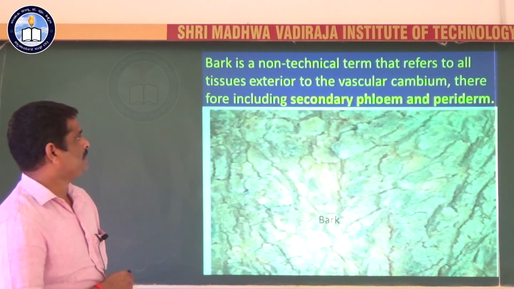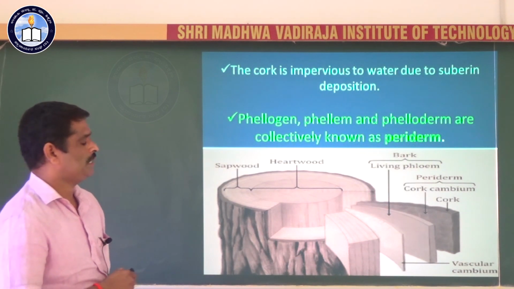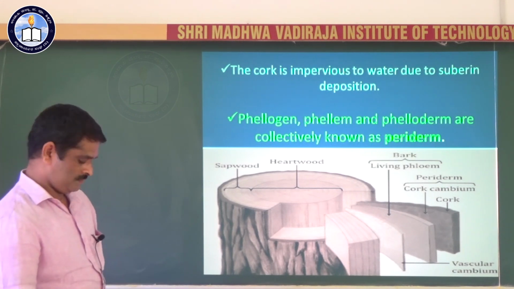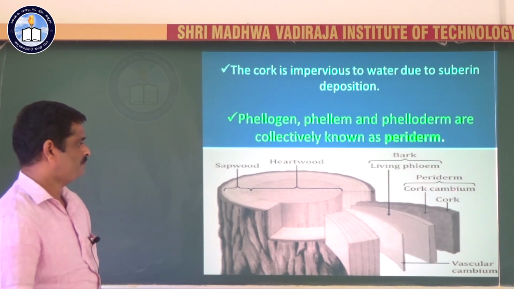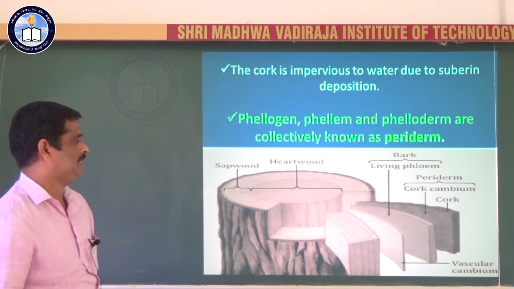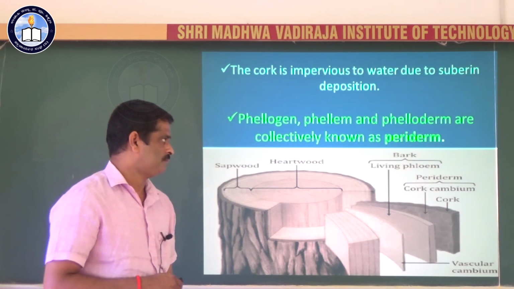The cork is impervious to water due to deposition of suberin. Here the phellogen, that is the cork cambium, the cork and the phelloderm together we call the periderm.